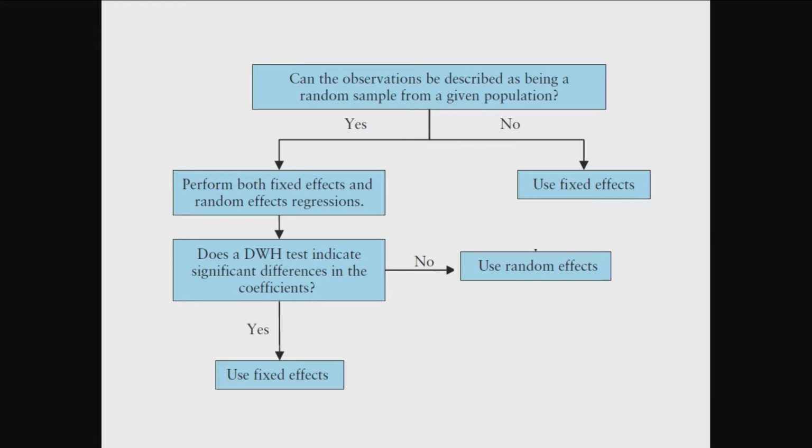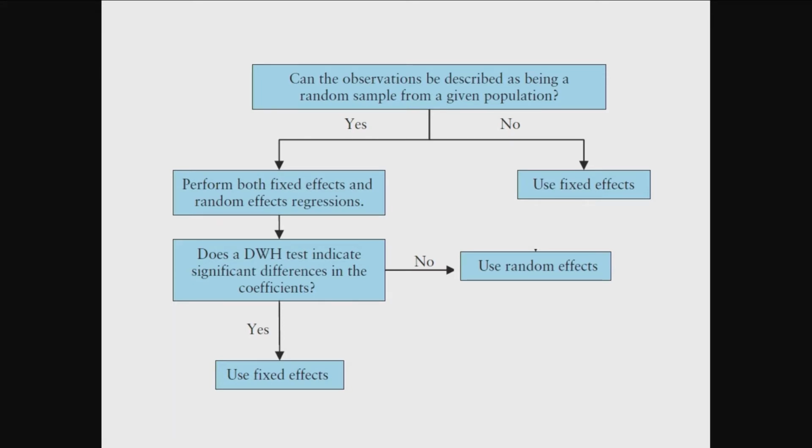If it's a random sample from a given population, then I have to perform both fixed effect and random effect. And then what do I have to test? I have to test a Durbin-Watson-Hausman test. So if the coefficients are different, if there is a significant difference in my coefficients, what does this mean?